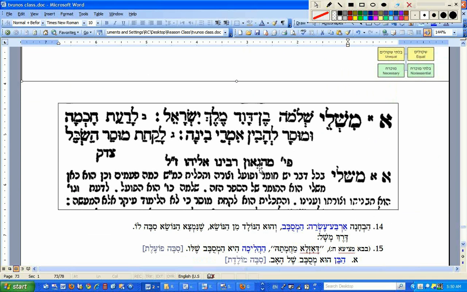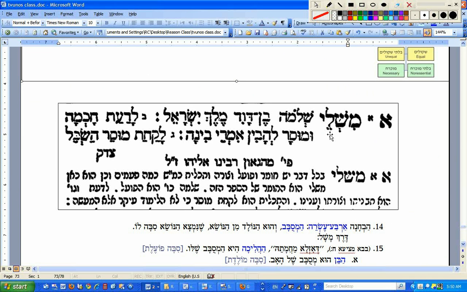Here's the Vilna Gaon, his peirush on Mishlei. The first pasuk in Mishlei says, Mishlei Shlomo ben David Melech Yisrael, ledas chachma umusar, lehavin imrei vina, lekachas musar haskel. That's what the first line says.